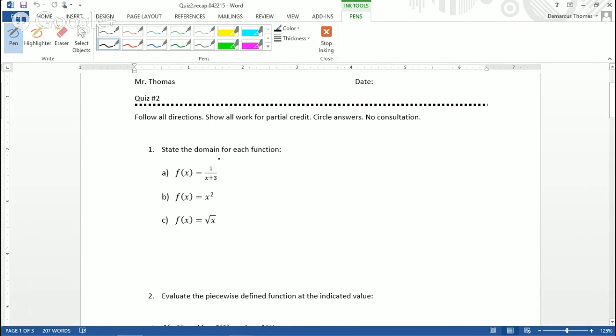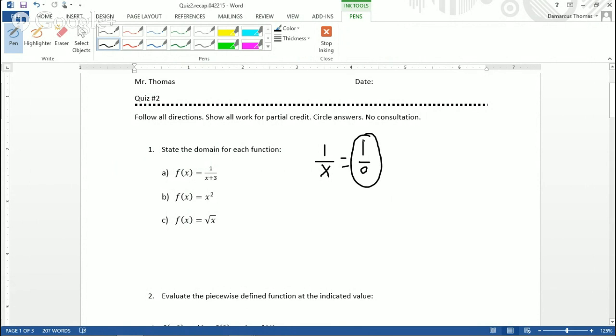So number 1 says state the domain for each function. We have f of x equals 1 over x plus 3, and that is my inverse function. Recall that an inverse function is something with 1 over x, where x cannot be equal to 0. If we have 1 over 0, this becomes an undefined expression.